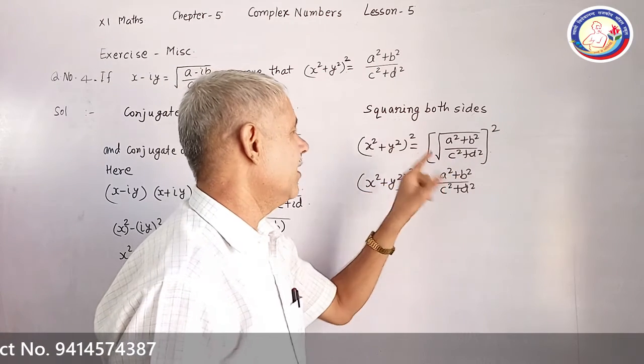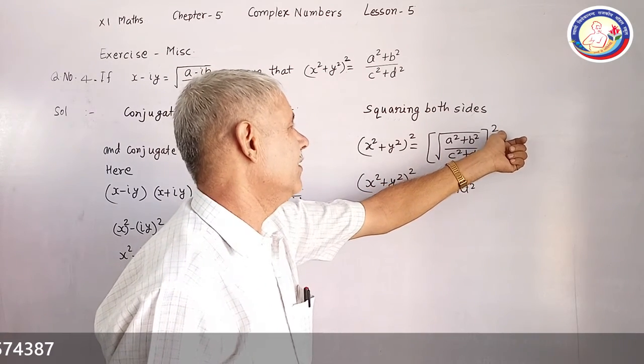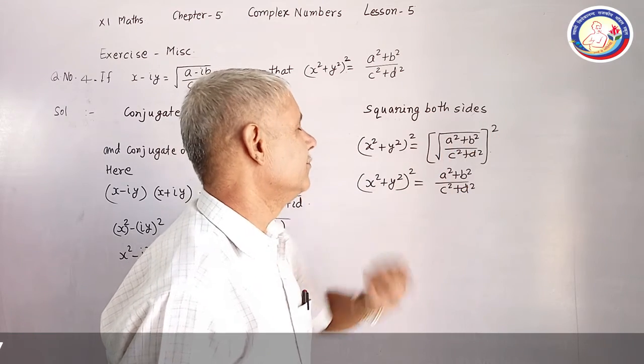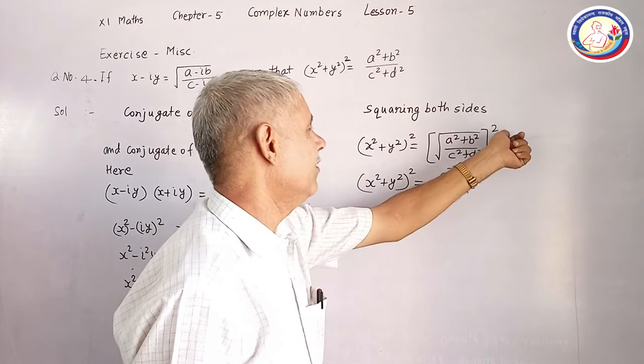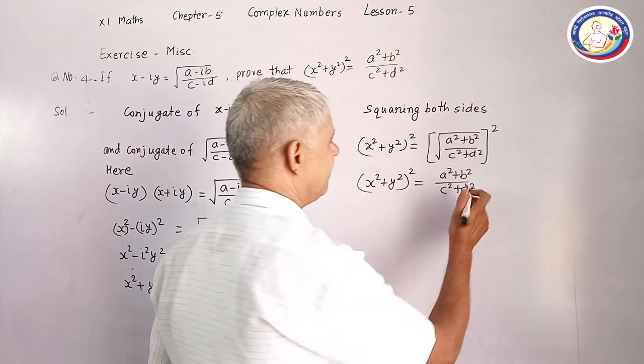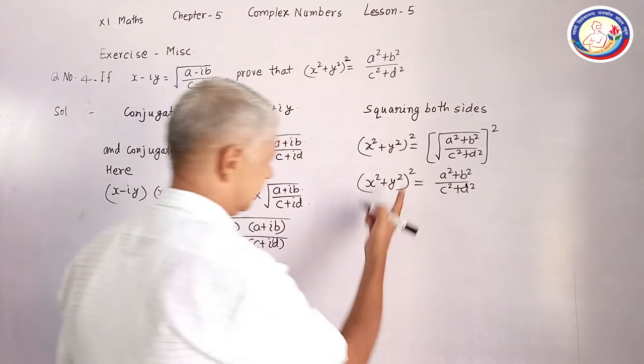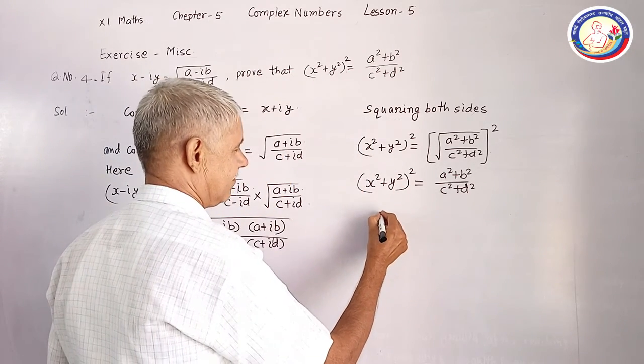If we square the square root, the power will be 1. The index will be half into 2, so it will be 1, and we don't write 1. It is obvious that the power is 1 here. So this is the result.